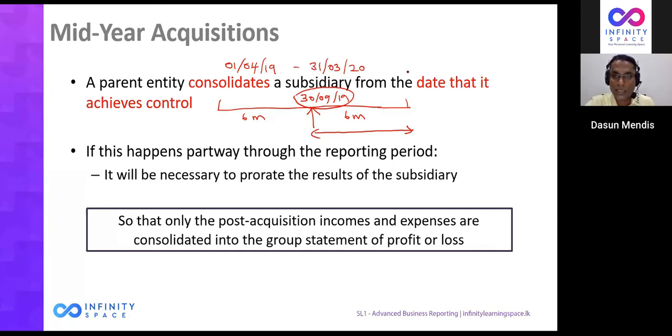Then the statement of financial position is prepared based on the information at the last date. At the last date, this subsidiary is under the control of the parent, so you have to consolidate all the assets and liabilities of the acquired subsidiary. So this is a mid-year acquisition.